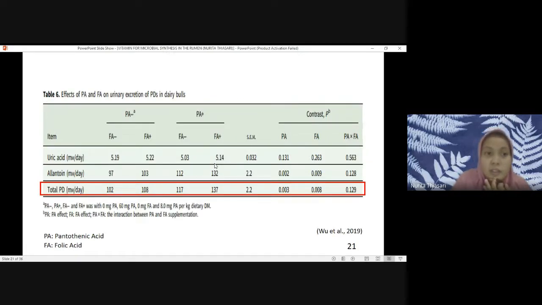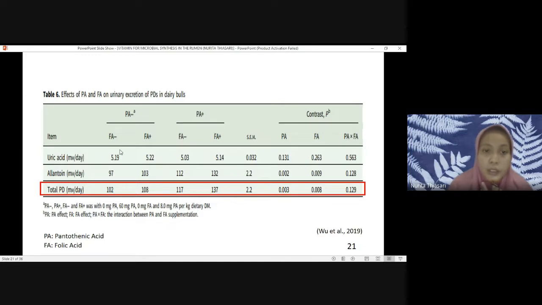And next, this one is the experiment about the effect of pantothenic acid and folic acid on ruminal excretion in dairy bulls. The first one here is the experiment without the addition of pantothenic acid. We can see the result: the total purine derivatives were lowest compared with the addition of pantothenic acid.